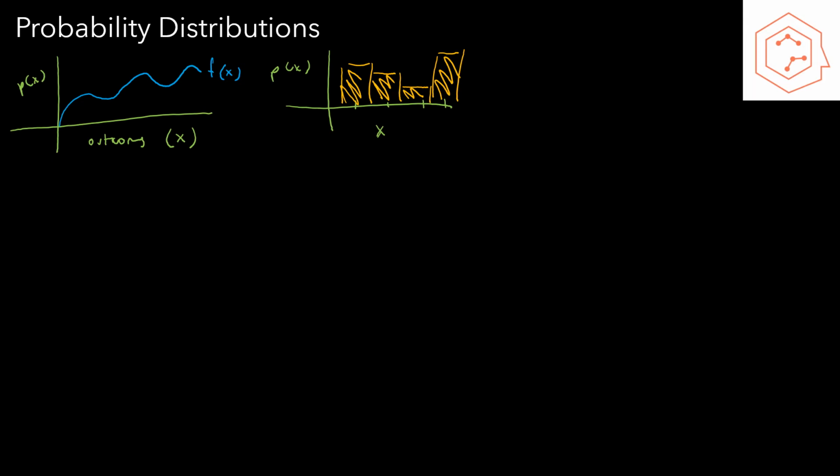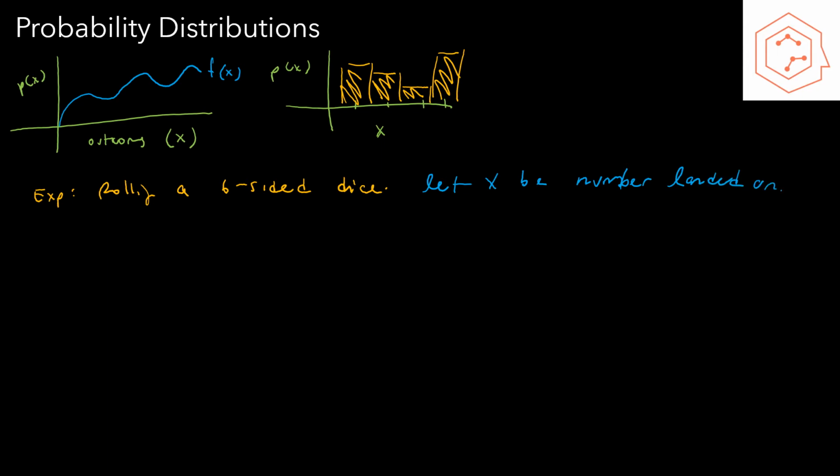Now to make this more clear, we'll go back to our example. So let's say my experiment, once again, is rolling a 6-sided die. And we let x be the number we land on. Then the possible values for this variable x are 1, 2, 3, 4, 5, and 6.